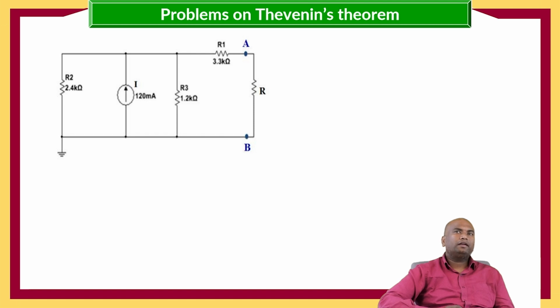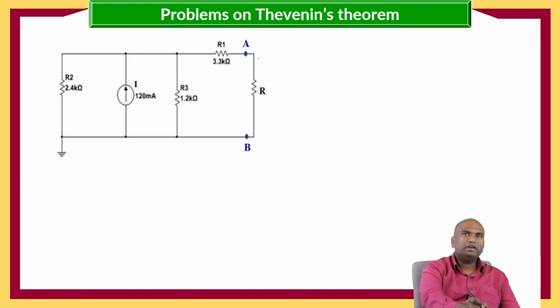How to calculate the Thevenin's equivalent? Let us see. So here we are having AB terminals. These AB terminals are connected with the load resistance.